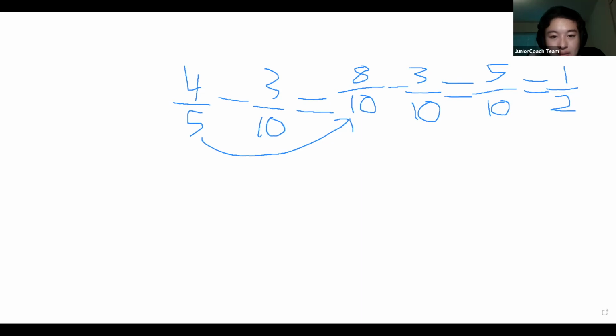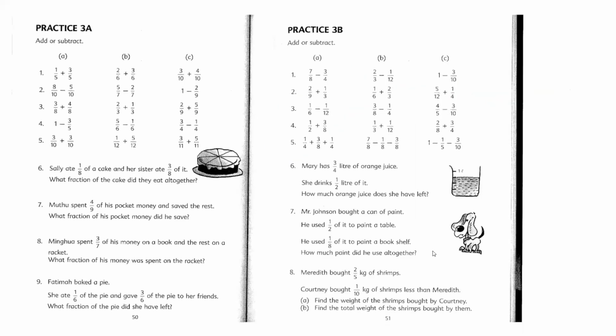Questions? Or are we kind of okay? All right, let's see. 5C, 1 minus a fifth minus 3/10. Which one? 5C. 2/5.